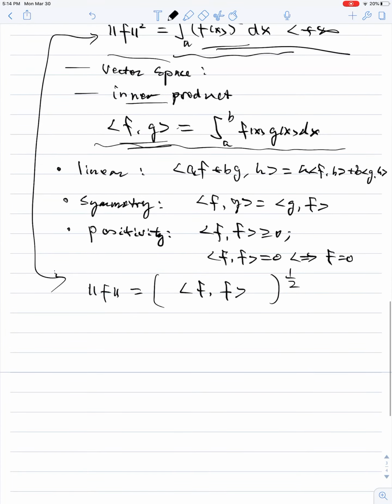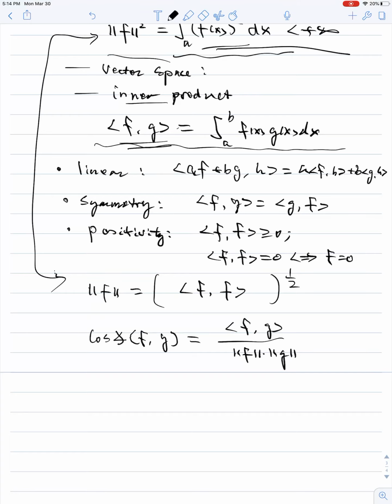For any inner product space, we can define the angle between two vectors. The angle between two vectors f and g, if you remember, has cosine equal to the inner product of f and g over the norm of f times the norm of g.